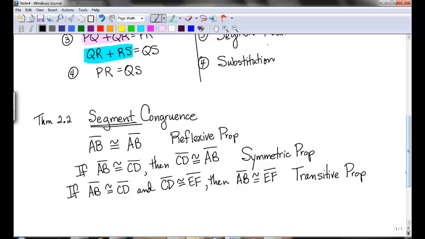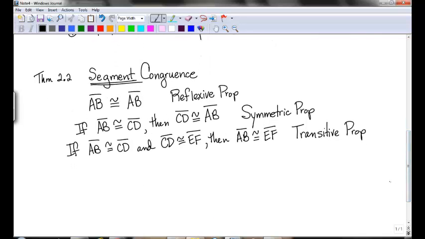Okay, and a property that you will use a bunch is called, and it's actually a definition. It's not a property. Sorry, it's a definition. And I'm going to abbreviate it. Definition of congruent segments. You're going to see this one a bunch.